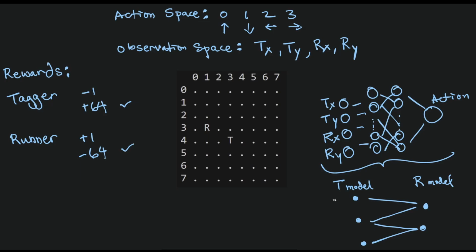Something to keep in mind is that during training, you don't want one model to be too much smarter than the other model. For instance, when you train the tagger model, if it gets trained to a point where it can hunt down the runner very, very quickly, then when you switch over, the runner model will never be able to get away and get its reward, so it will never get trained.